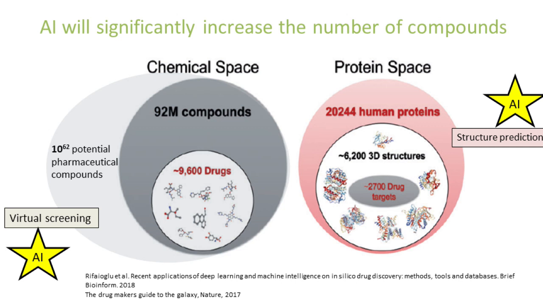And then, on the other hand, we see here the chemical space. Chemical space are all the pharmaceutical compounds that we could think about. So you see here in the graph that we have 9,600 compounds that are called drugs here because we know their effect on the humans.